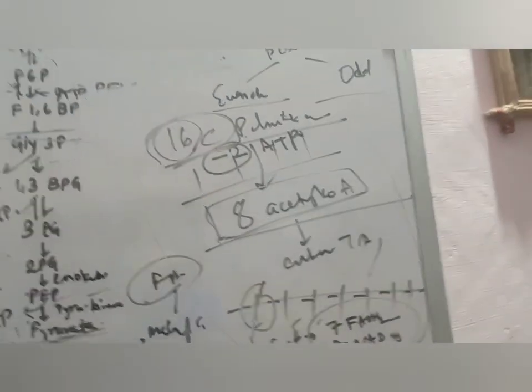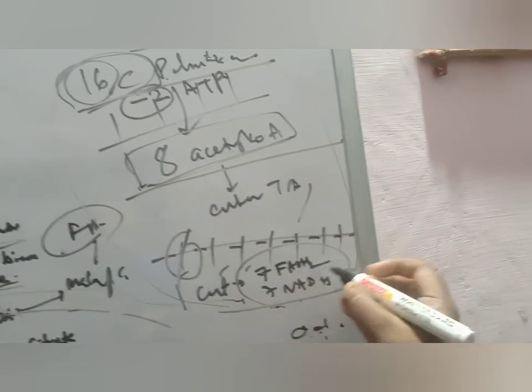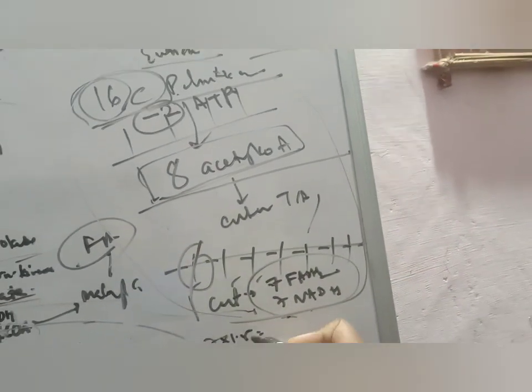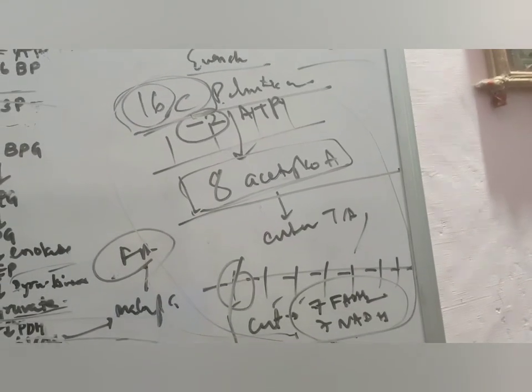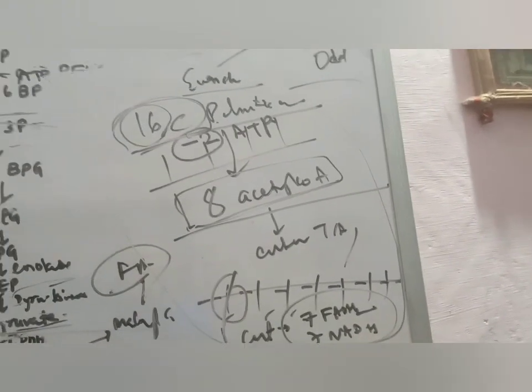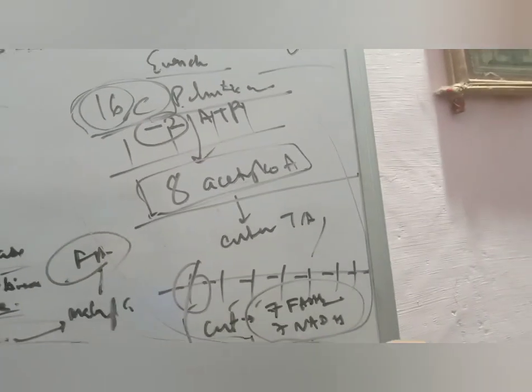So basically for this palmitic acid, let's calculate. 7 FADH2 at 1.5 each, so 7 into 1.5 is 10.5. Then you have 7 NADH.